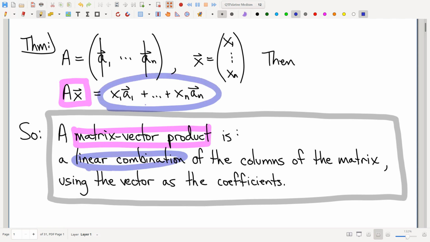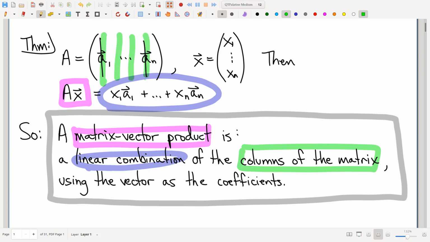Notice I'm not phrasing this as it's a vector of dot products. I'm saying it is a linear combination. It's a linear combination of specific vectors. It's a linear combination of the columns of the matrix. And what linear combination?